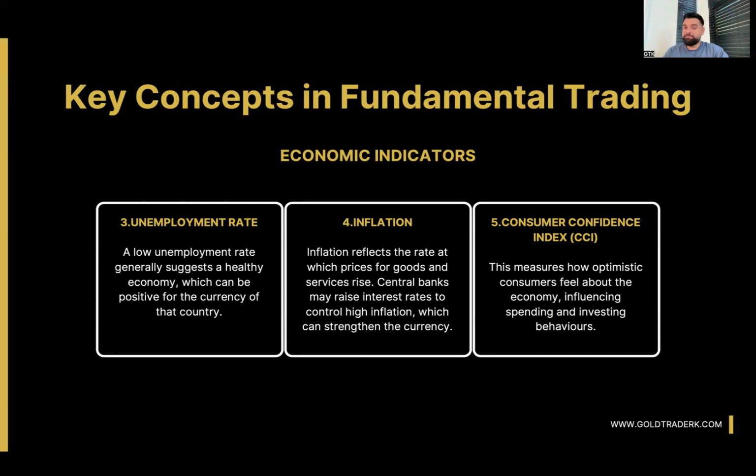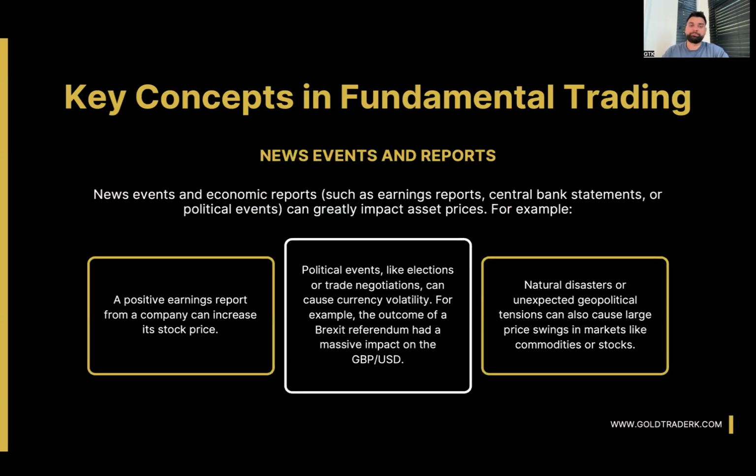Number four, inflation. Inflation reflects the rate at which prices of goods and services rise. Central banks may raise interest rates to control high inflation, which can strengthen the currency. Number five, Consumer Confidence Index, CCI. This measures how optimistic consumers feel about the economy, influencing spending and investing behaviors.